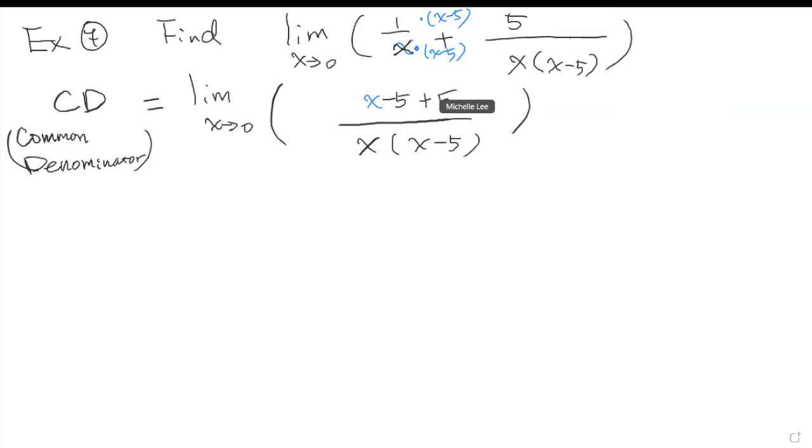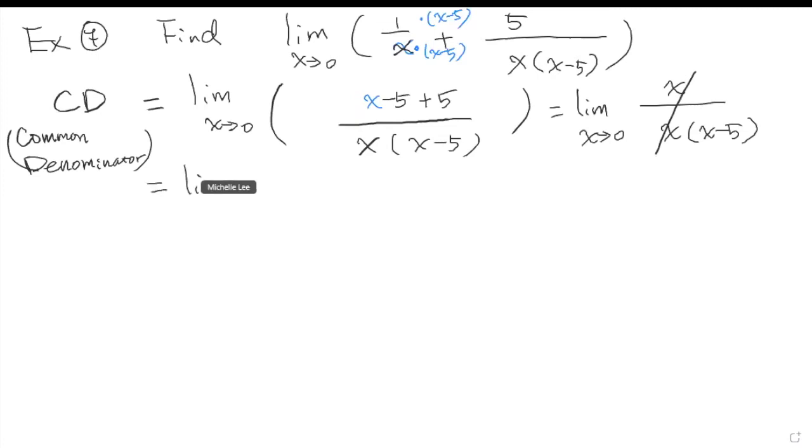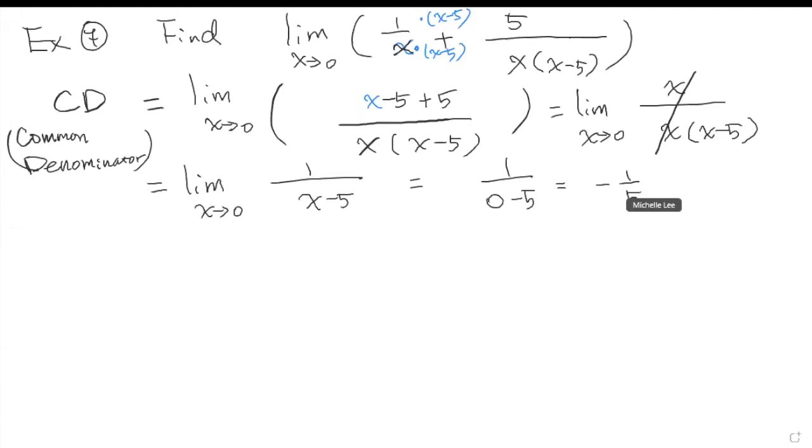Okay. Then this is 0, negative 5 plus 5. We get x over x minus 5. Okay. Now we can simplify x over x. Then we get this. Now we can substitute, right? So what do you get? So 1 over 0 minus 5, which is negative 1 over 5. Thank you.